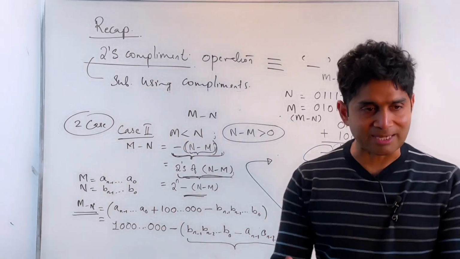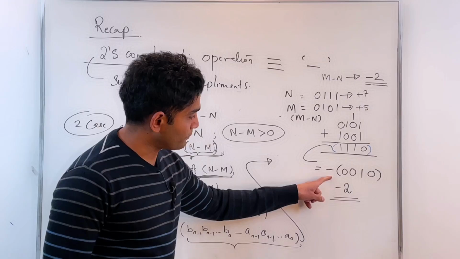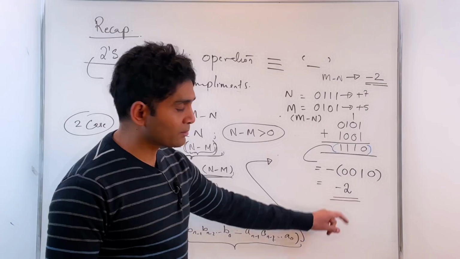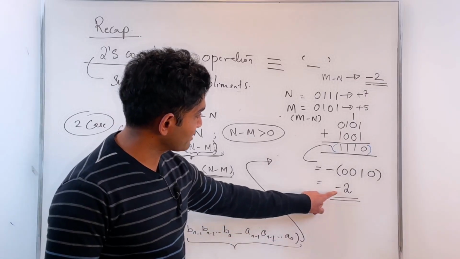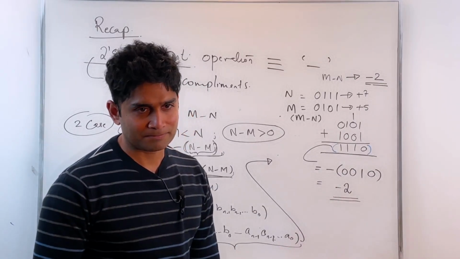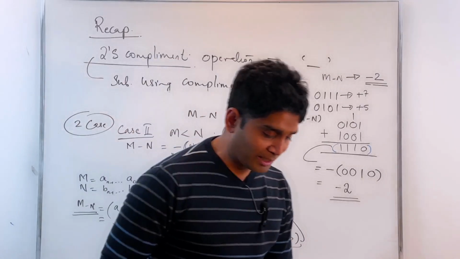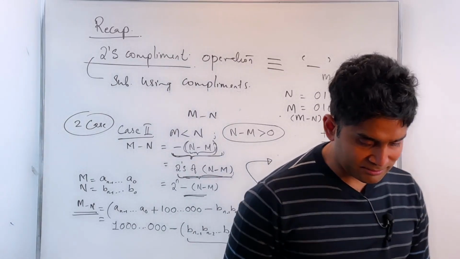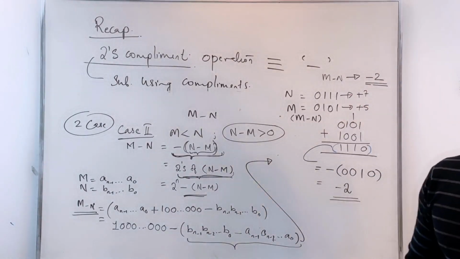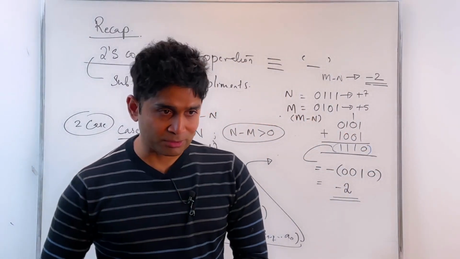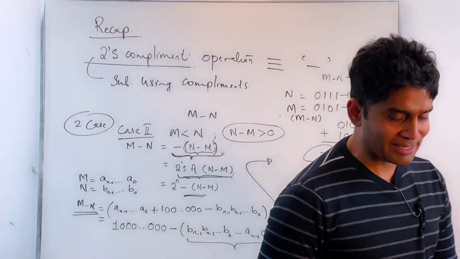If I want to express that in the conventional format, you take the 2's complement of that, and then you can express it with a negative sign. All right, so that concludes our discussion on the 2's complement approach. It's very important because we'll be using that later on in the class.